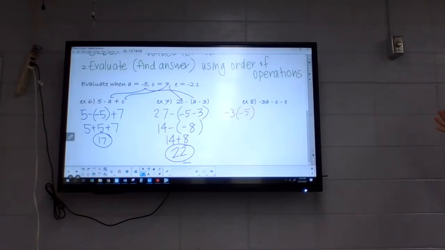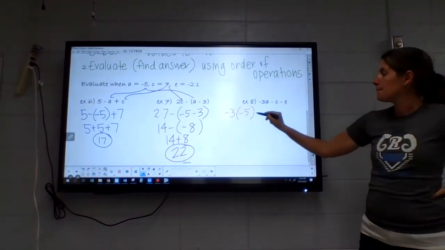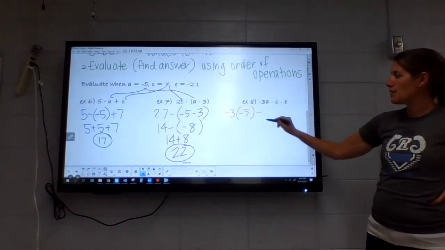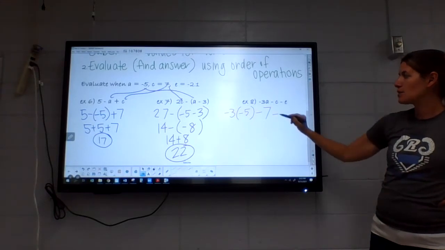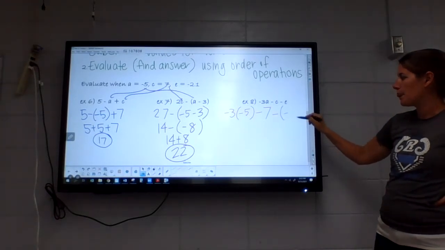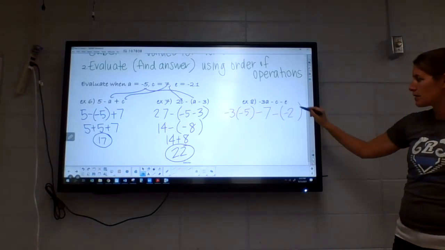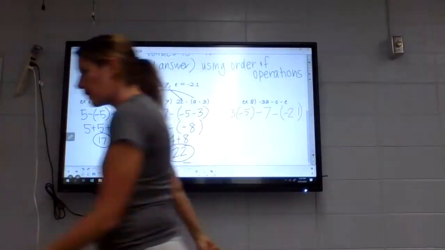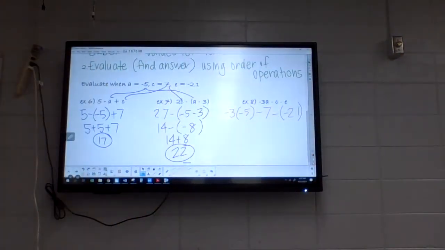So negative 3 times the negative 5 minus c, which c is 7, minus e, which is a negative 2.1. So throw in some decimals in there. So we're going to evaluate that now.